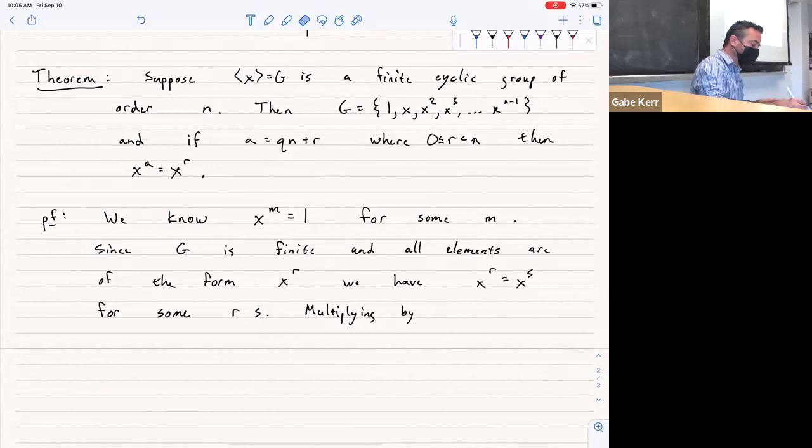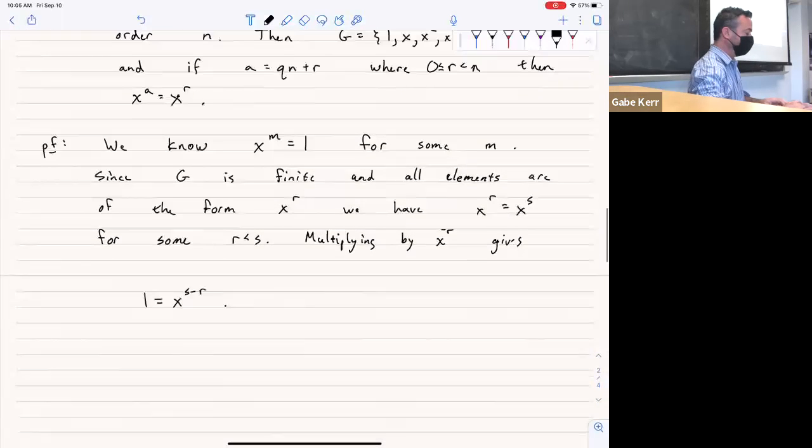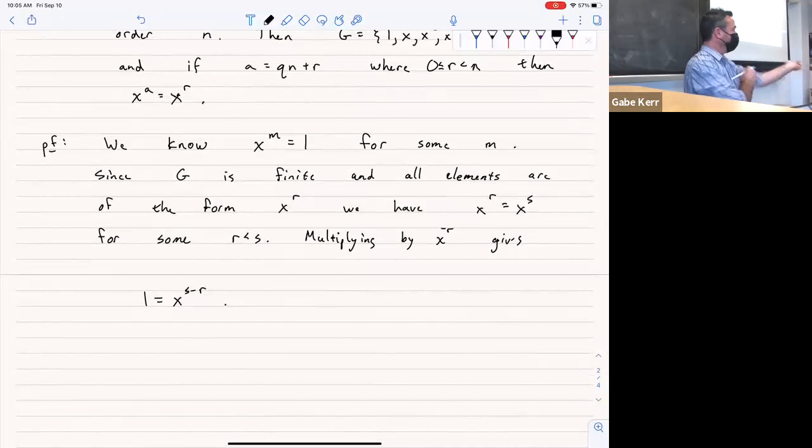Let's say r is less than s. If they're not equal, one is less than the other. Then 1 equals X to the s minus r. We know that there's some number after which X to the s minus r is equal.